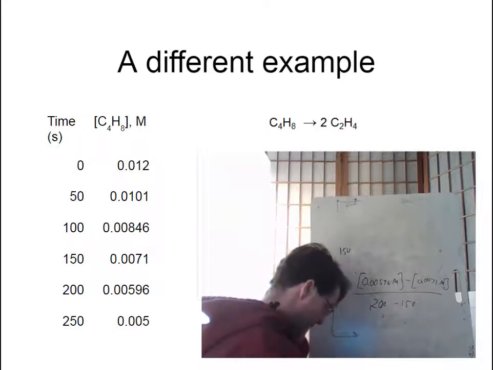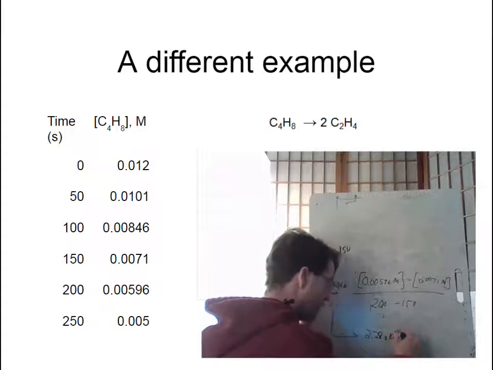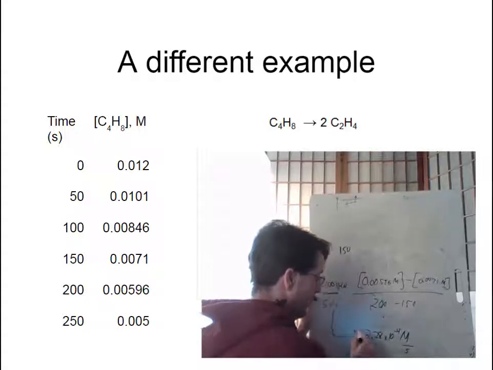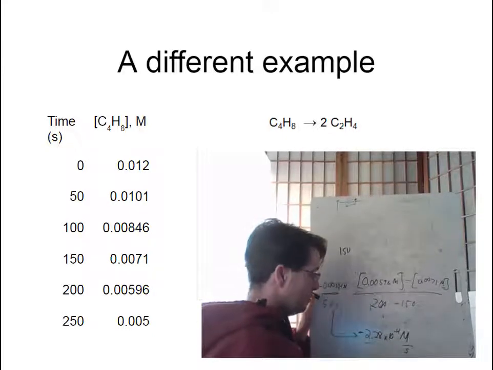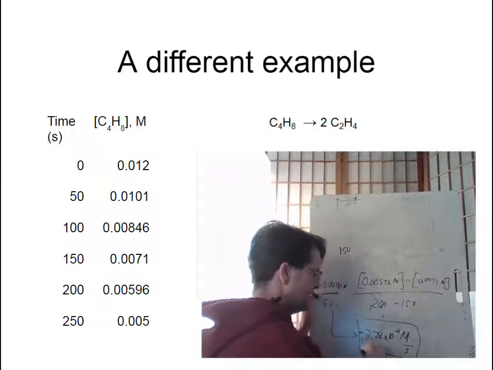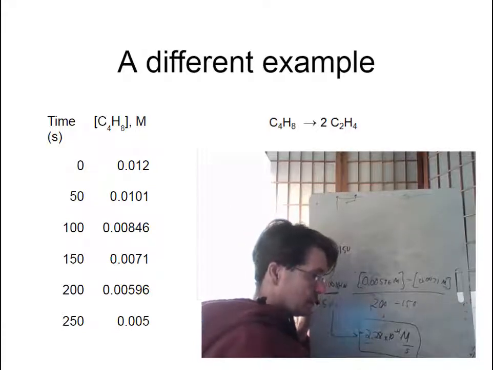And if we simplify this, divide those two numbers, we get 2.28 times 10 to the minus 4th molar per second. Negative 2.28. Now, this may seem like an odd number, negative, but we're talking about the disappearance of the bromine.